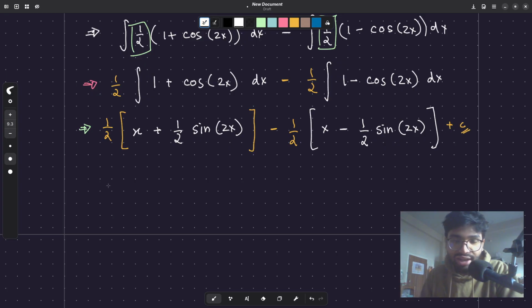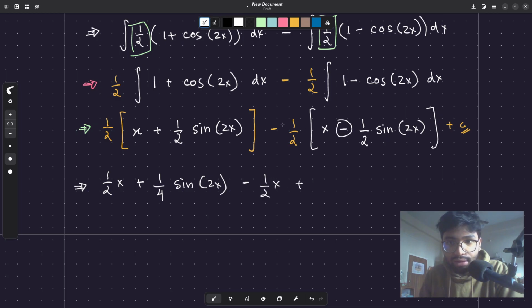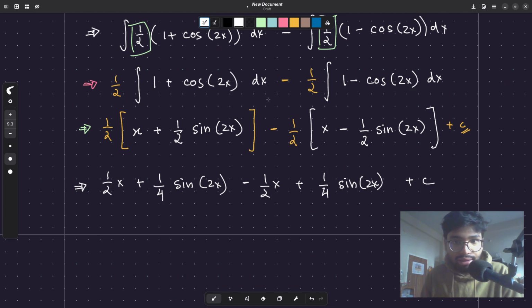Again, we could have done that on the last step, but simplifying even more: 1/2 x plus 1/4 of sine of 2x, actually, minus 1/2 x plus, we got this 2, so they will add up, 1/4 of this thing, and we got a plus c, and immediately these will get cancelled.